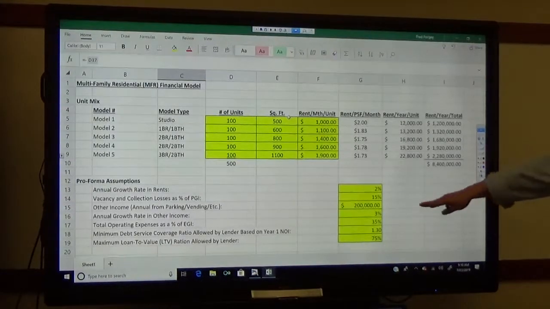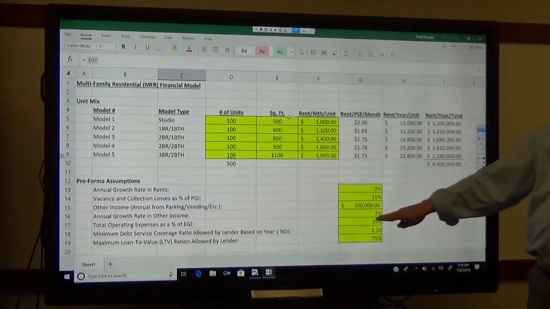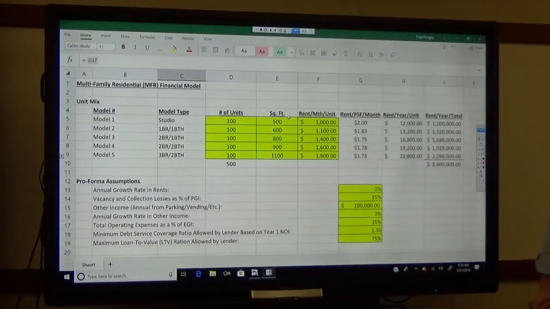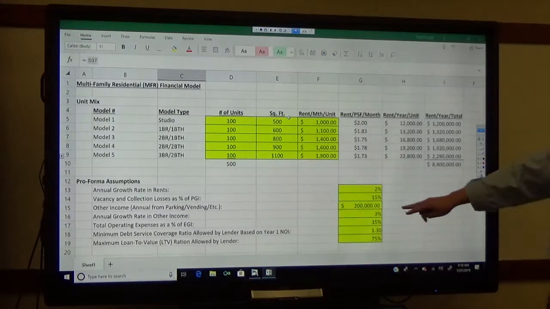So basically, you need to try to find a decent source for whatever number you're going to use for the operating expense ratio. Looking at things like BOMA, Building Owners and Managers Association, they're one of the sources out there. They publish all sorts of data as it relates to operating expenses for properties and for different markets.